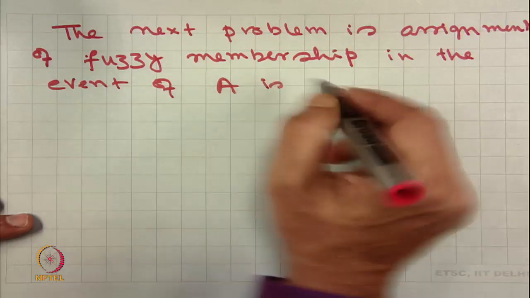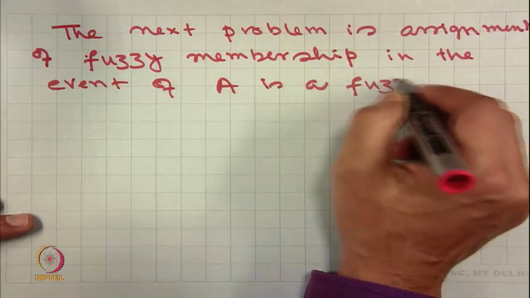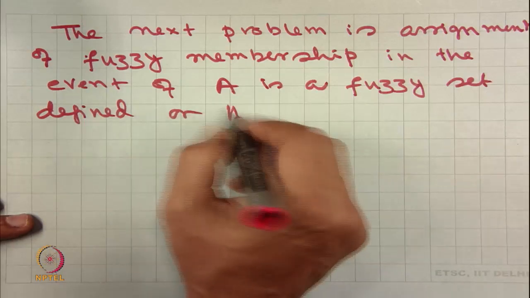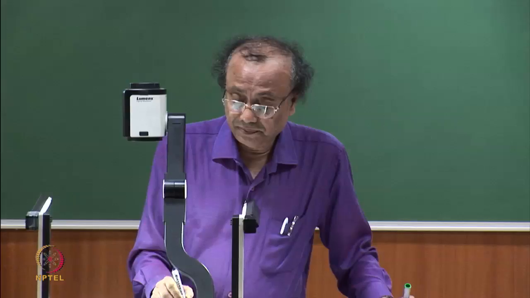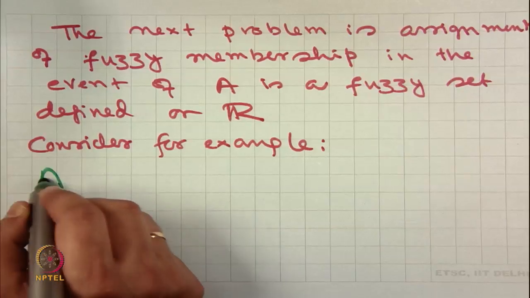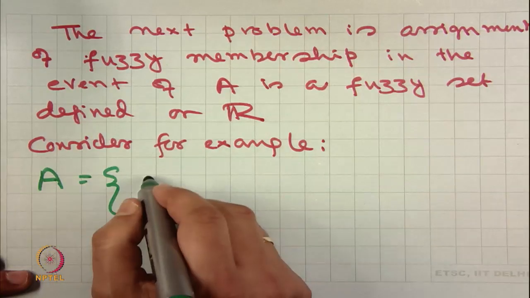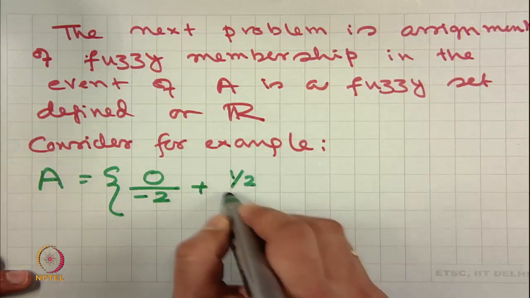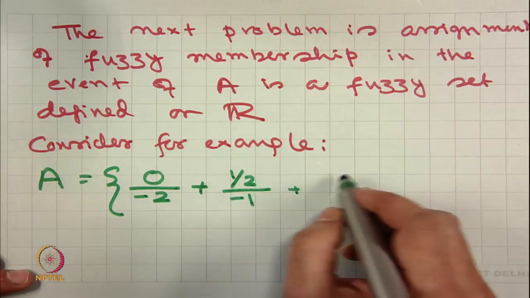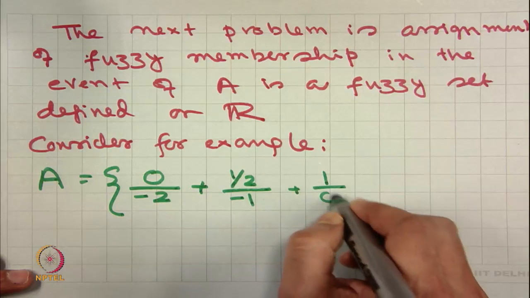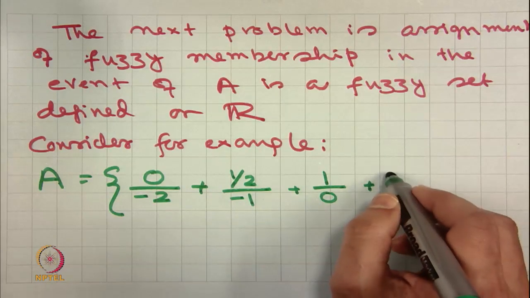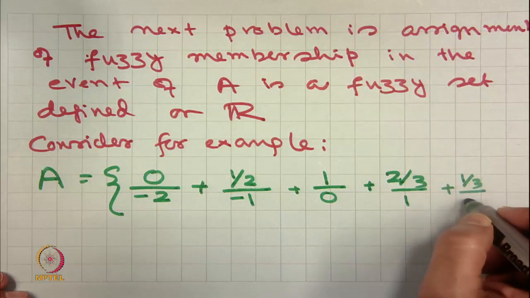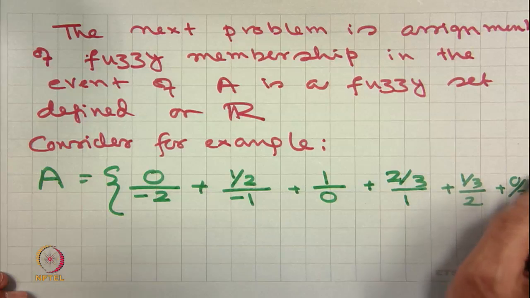A is a fuzzy set defined on R. Consider, for example, A is equal to 0 for -2, plus half for -1, plus 1 for 0, plus 2 by 3 for 1, plus 1 by 3 for 2, plus 0 for 3.